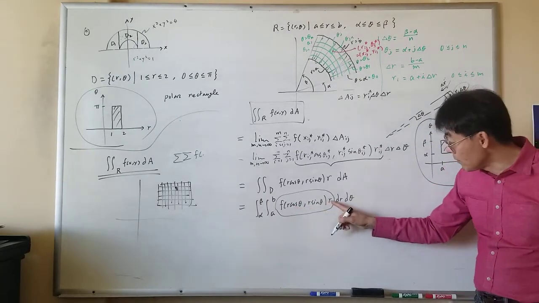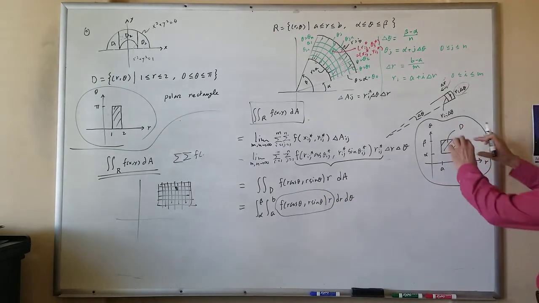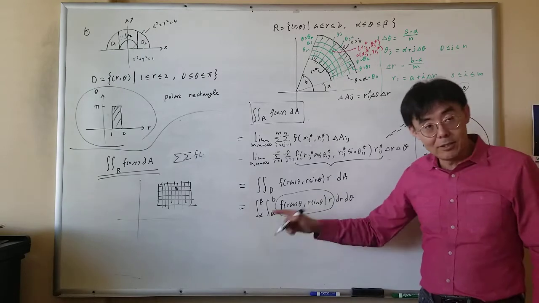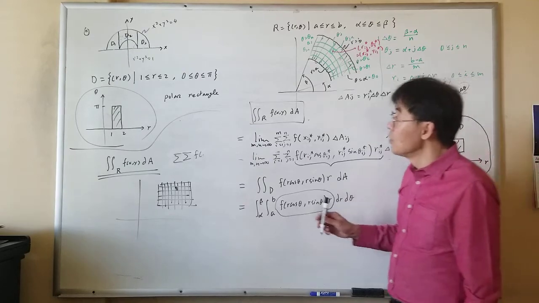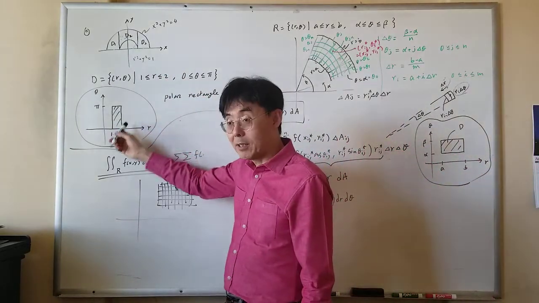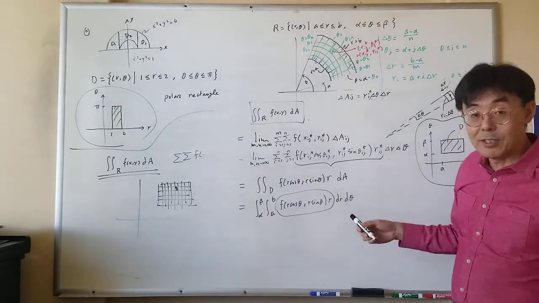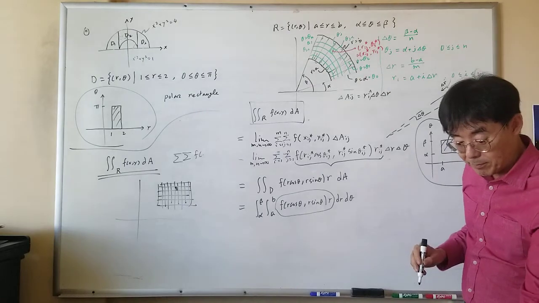Not only that, you have to have extra r. The new function, double integral over this rectangle in r theta plane. When your domain is like polar rectangle, that can be a lot of times much easier than the double integration in xy plane.